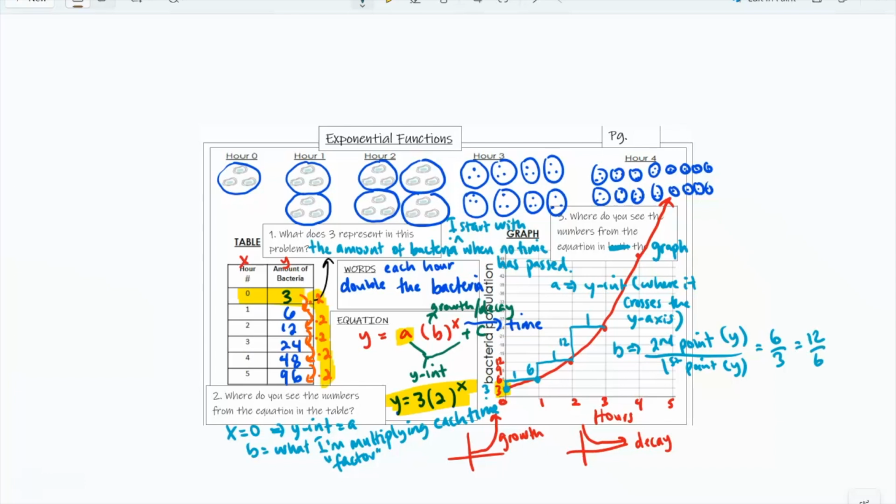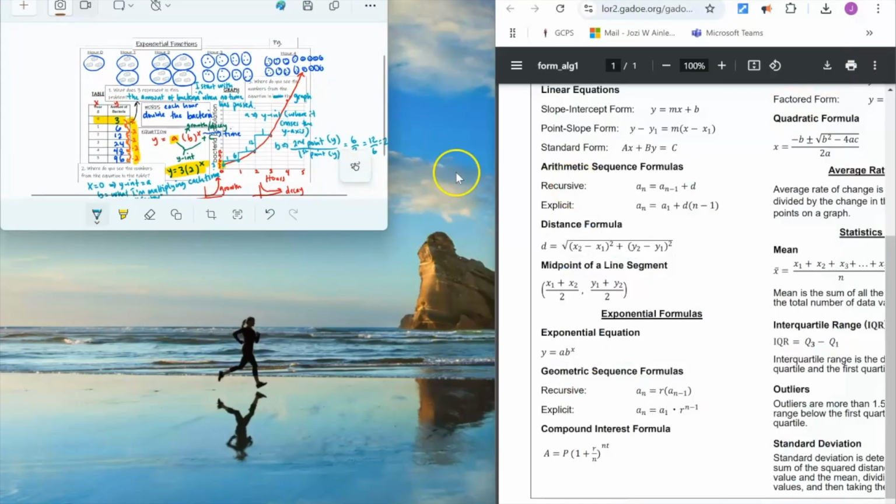In the calculator, 6 divided by 3 is 2, and 12 divided by 6 is still 2. It doesn't matter which one, but the points have to be consecutive. In other words, the distance from one point to the next has to be the same. So find your second point divided by your first point, or you can draw it out if you want to, whatever is easier. I'm also going to show you how to do this in the calculator.